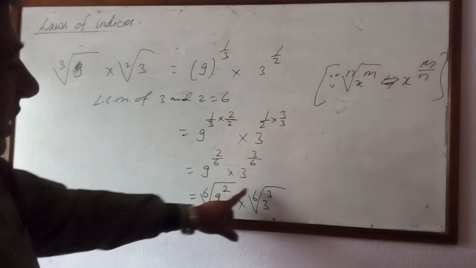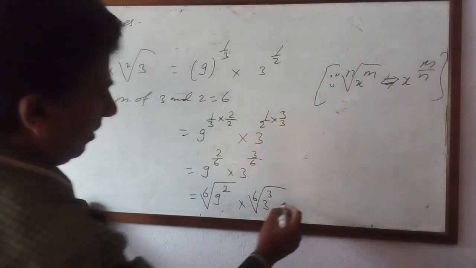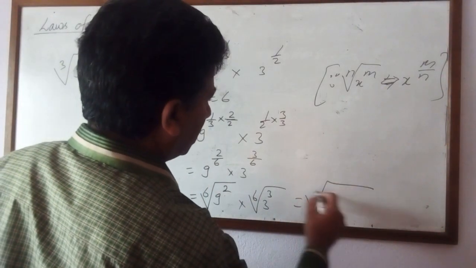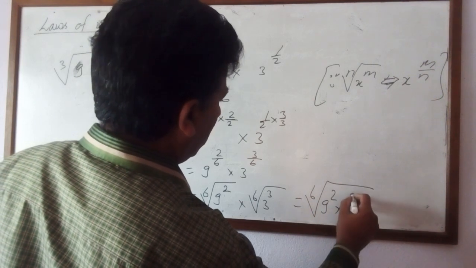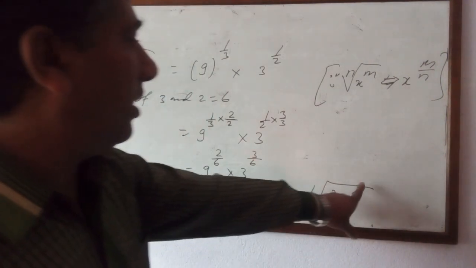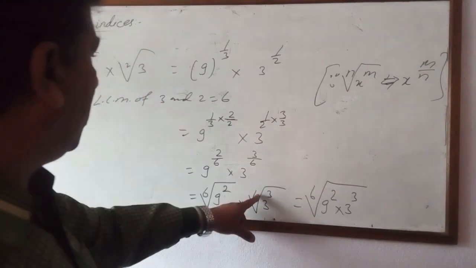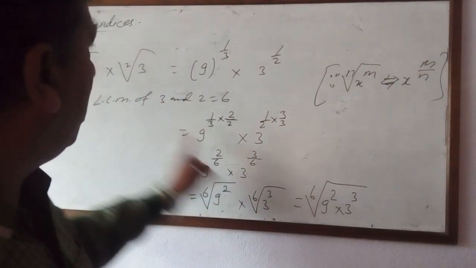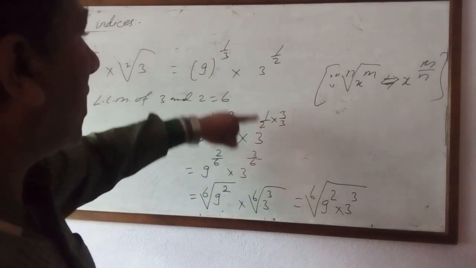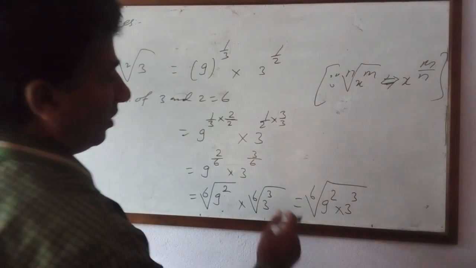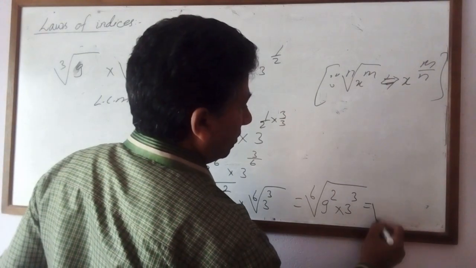Now we made the order the same, so now we can multiply: the sixth root of 9 square times 3 power 3. Before, their order was not the same, that's why we didn't multiply. After this we can simplify.